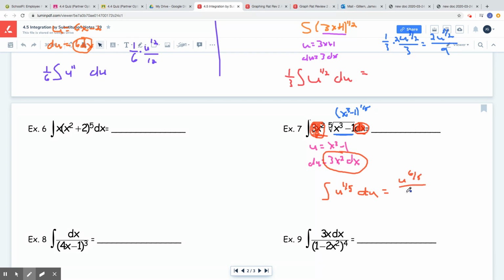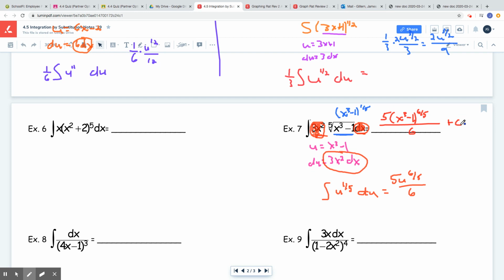I then take the reciprocal, so the 6 goes on the bottom, the 5 goes on top, and I replace my u. And so my final answer is 5 parentheses, what's my u? x cubed minus 1 to the 6/5 all over 6 plus c.